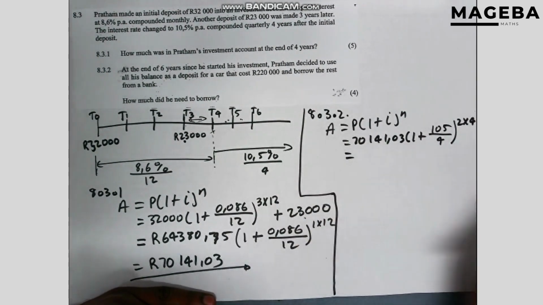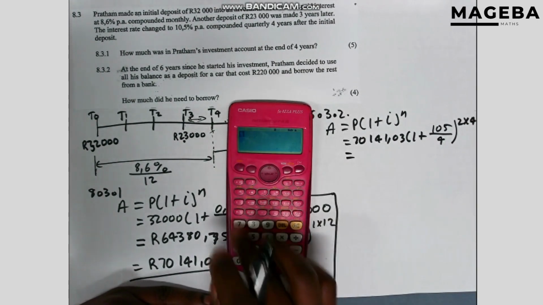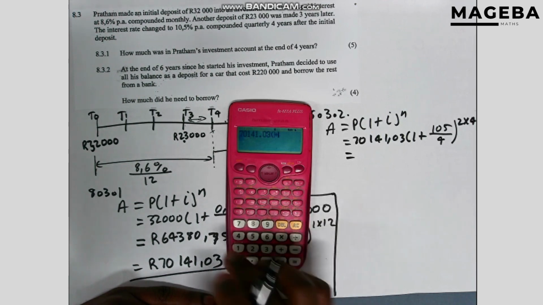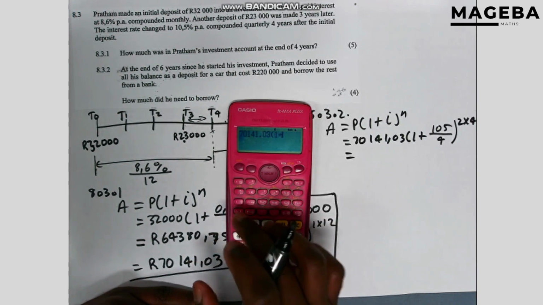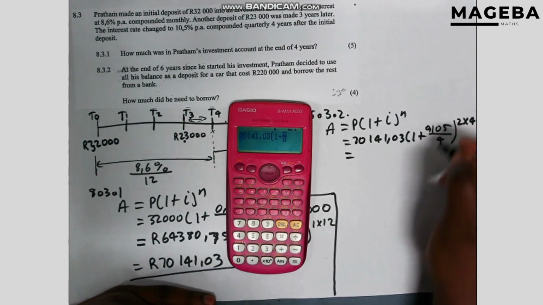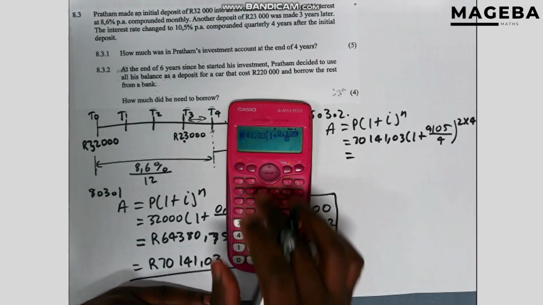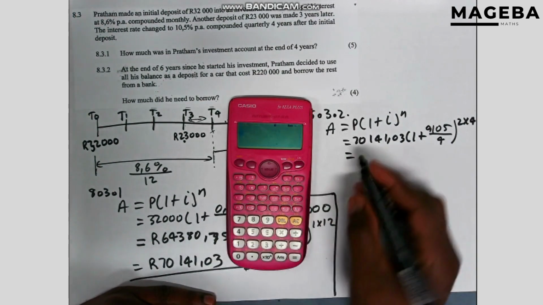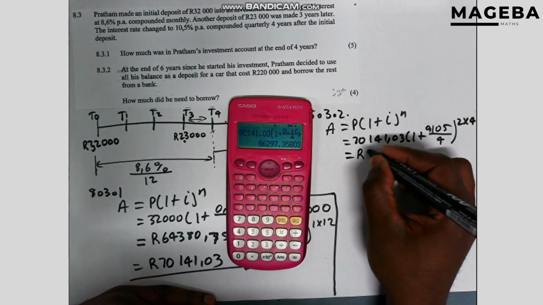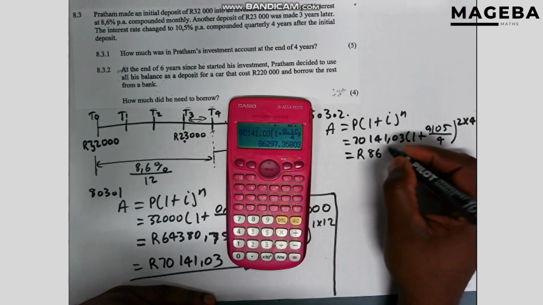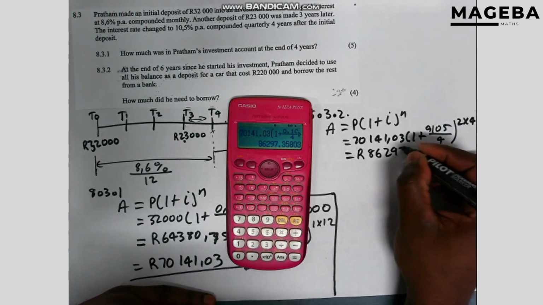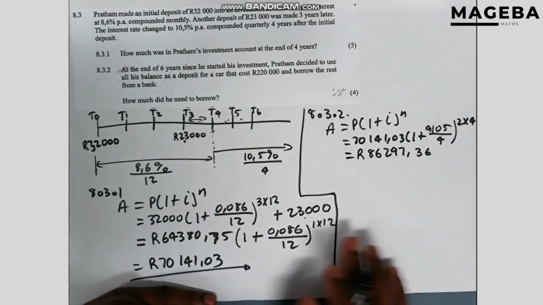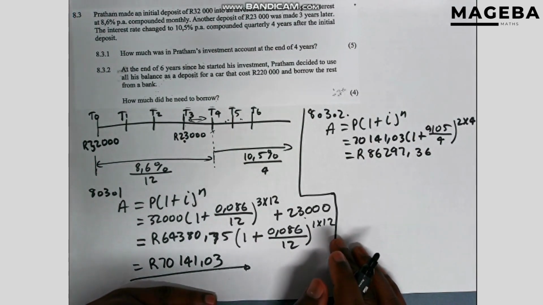Now let's punch it: 78,141.03 into 1 plus 0.105 over 4, to the power 2 times 4. This is the amount that he's going to have after 6 years of his money staying in the bank.